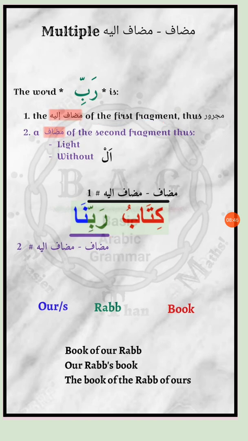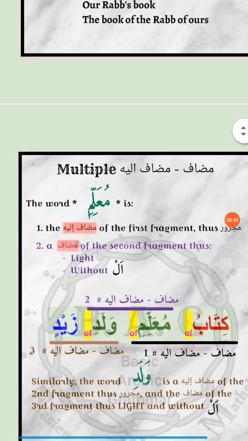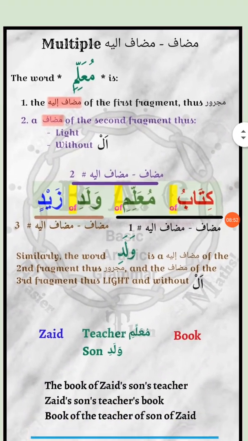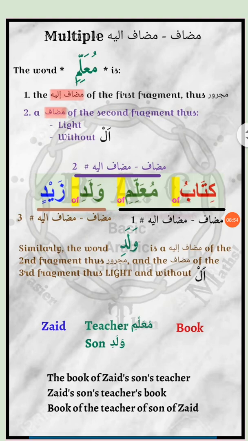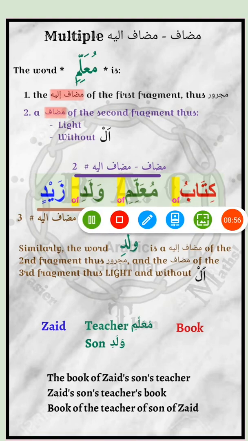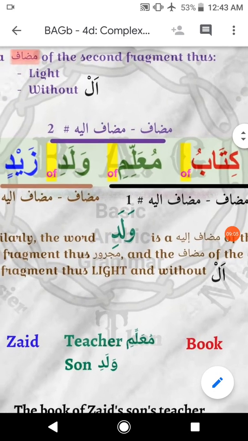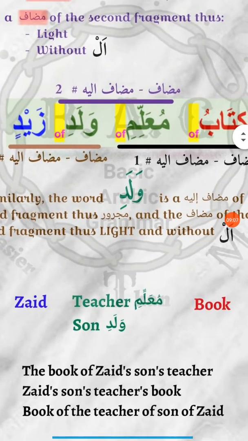Next example. This is a bit more complex, and this is the last of these complex examples. And then we're going to study some real examples. What do I say here? Let's zoom it up a bit. Great.